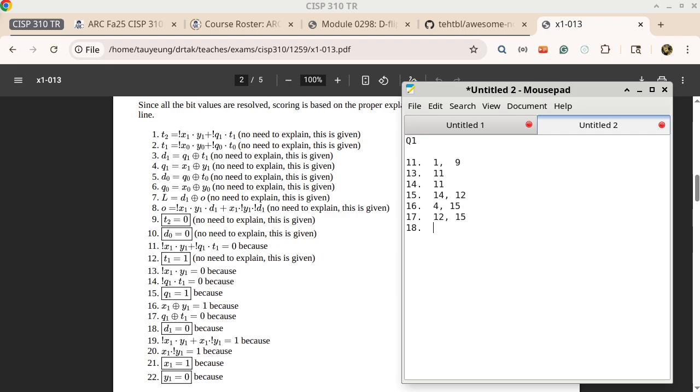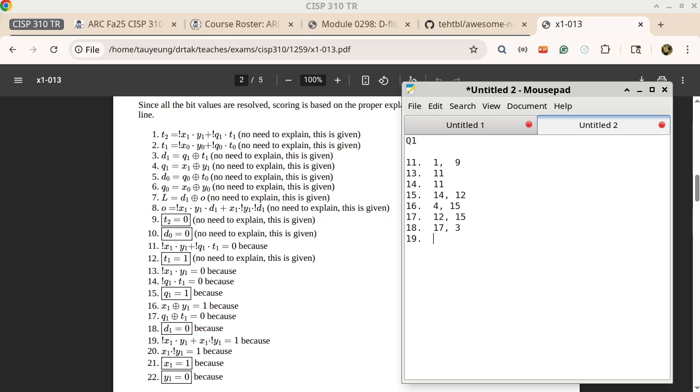Then we move on to number 18. Number 18 is the conclusion that D1 equals 0. That is a combination of number 17, which we concluded earlier, and how D1 is defined, which is up here, number 3. Then we get to number 19. That looks like the exclusive OR between x1 and y1 to me.